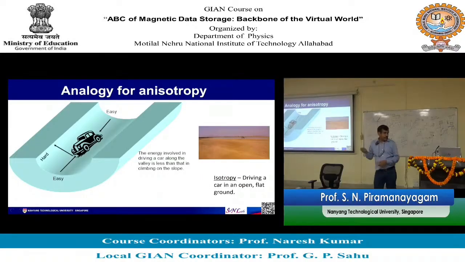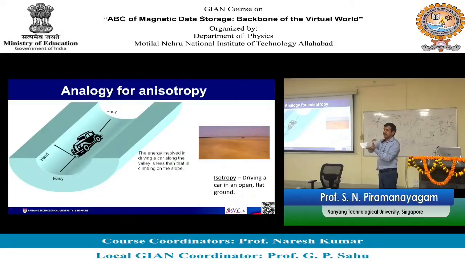Now, imagine another road. Let us say it looks like this. This road has this shape. Now, driving in which direction is easy, along this direction or this direction? This direction is going to be easy, right. So, you have one easy direction and you have a hard direction. So, we can say driving along something like this is anisotropic.